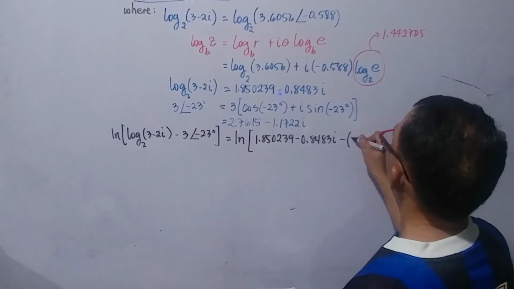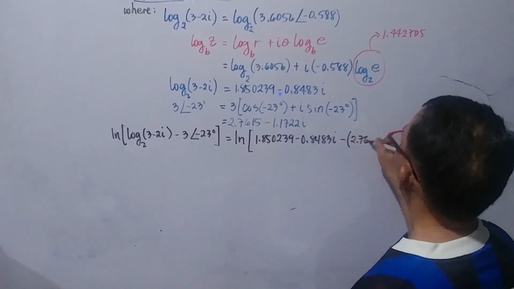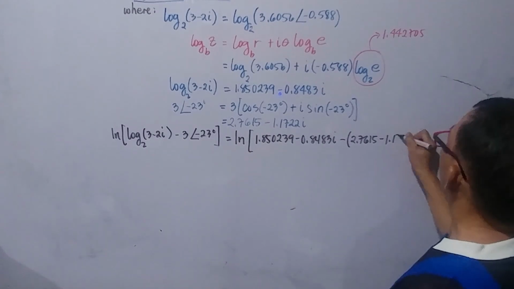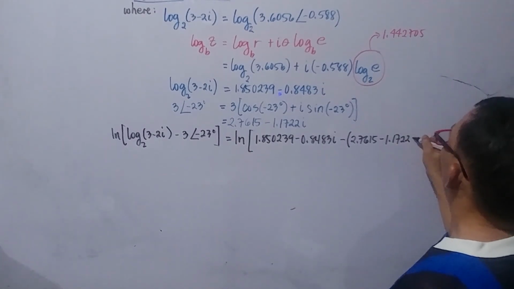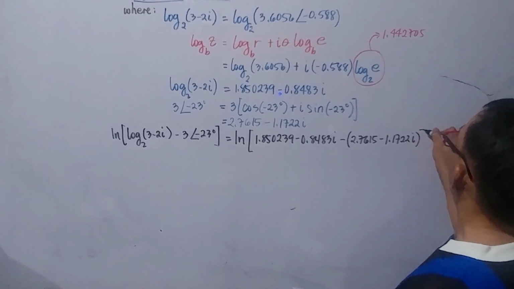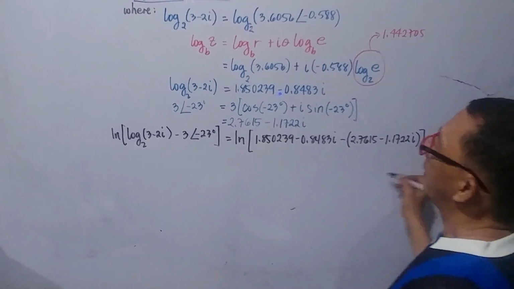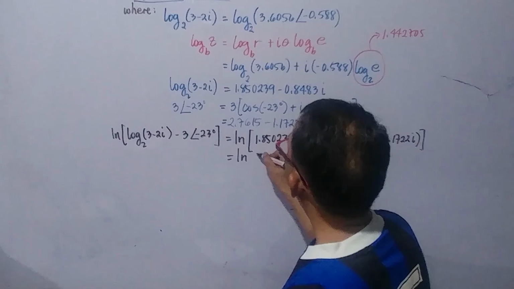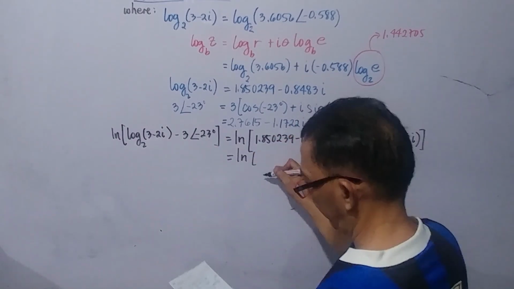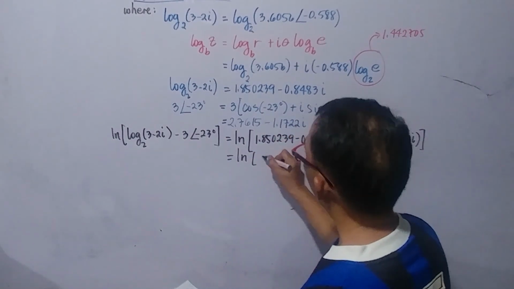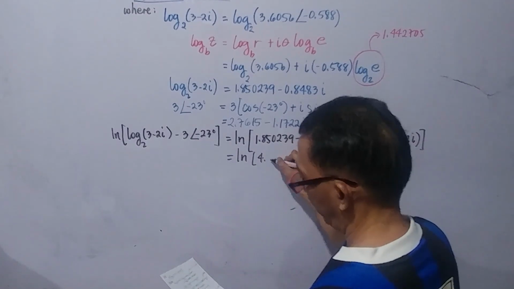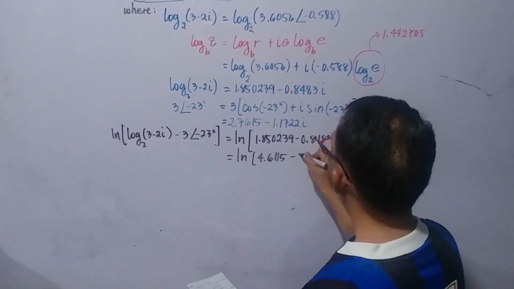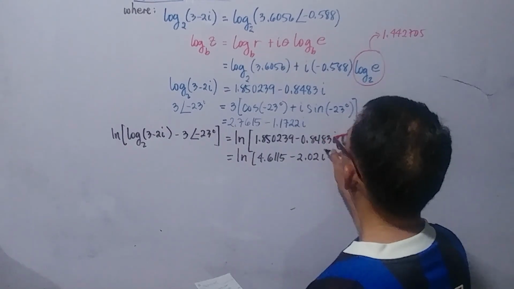So you have 2.7615 minus 1.1722i. So you will change sign here. So we have now ln of 4.6115 minus 2.02i.